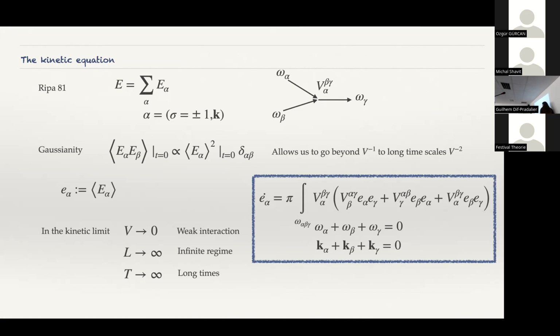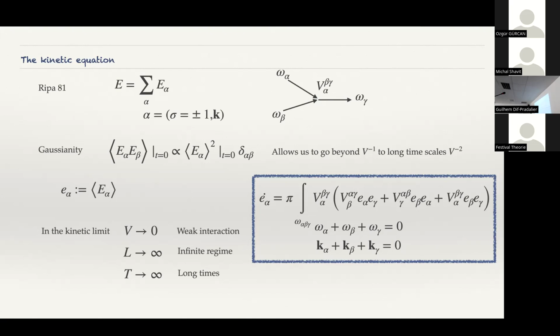which has some similarities to the Boltzmann equation. And one important thing that you want to assume, that will allow you to go to long times so that you see turbulence, is Gaussianity between the different modes.